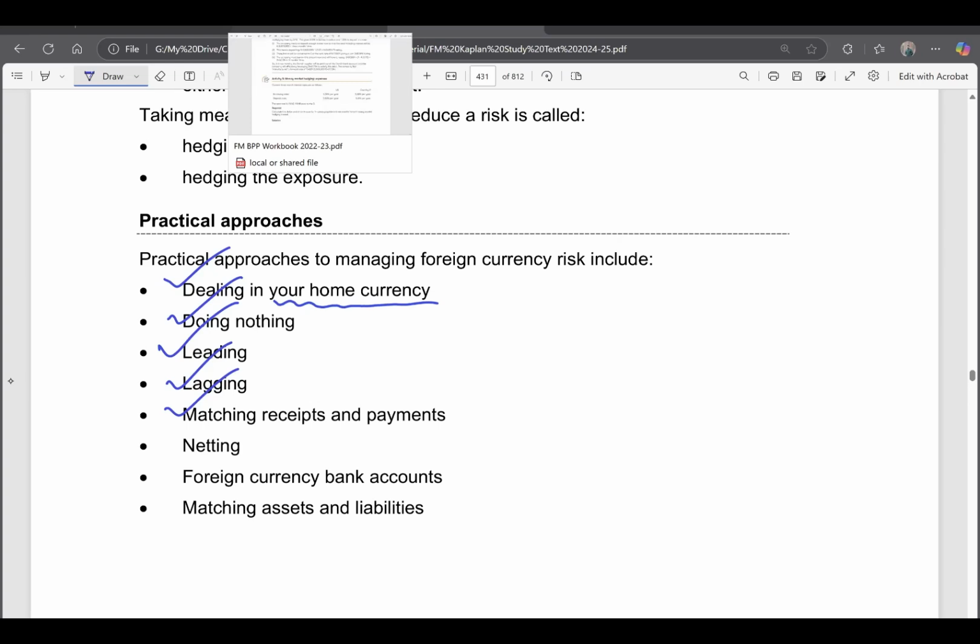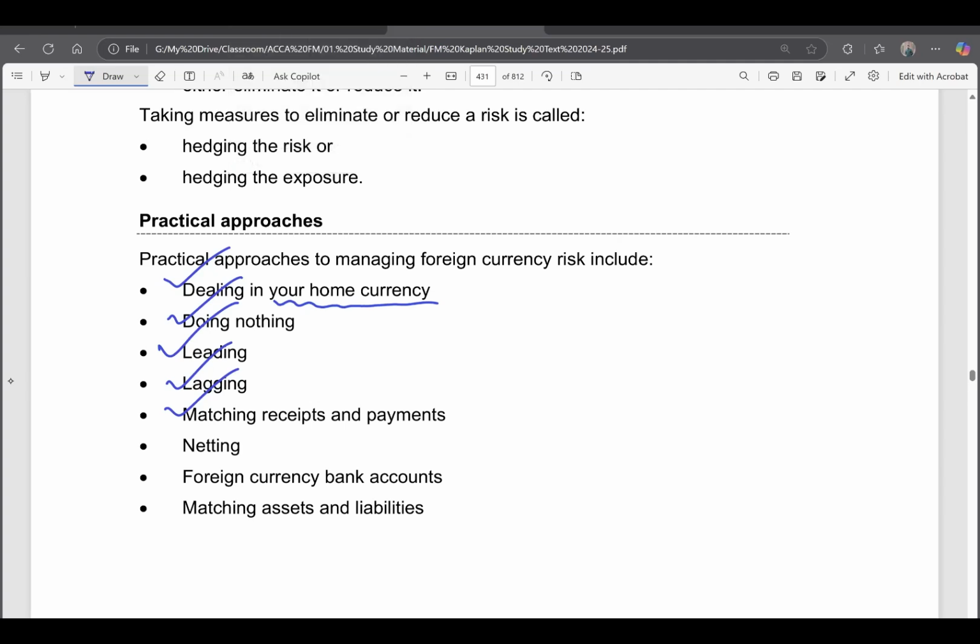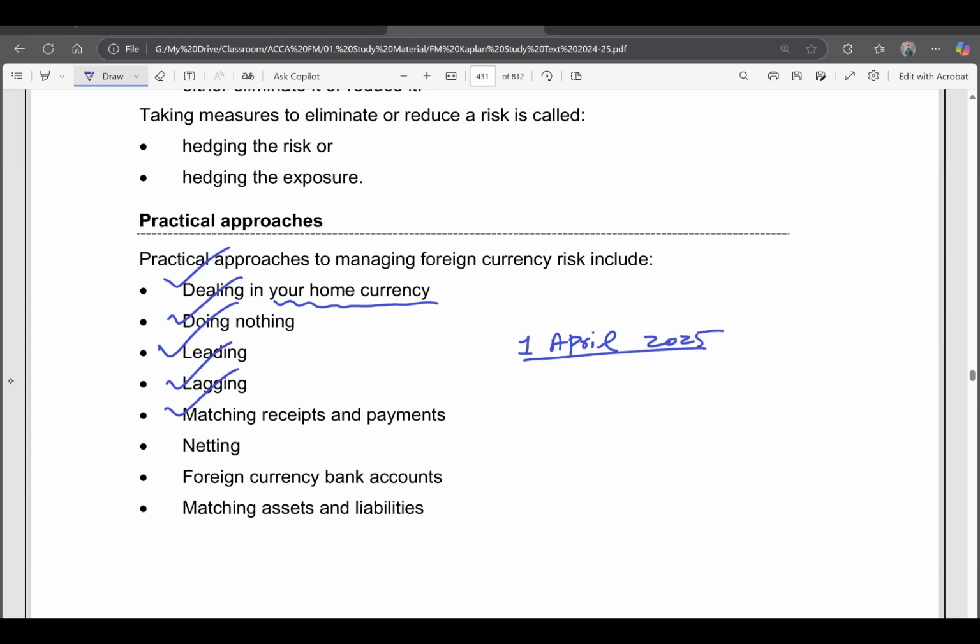Let's say on 1st April 2025, you're expecting receipts of 300,000 pounds from your UK-based customers, and you're expecting payments on the same date of approximately 250,000 pounds as well.